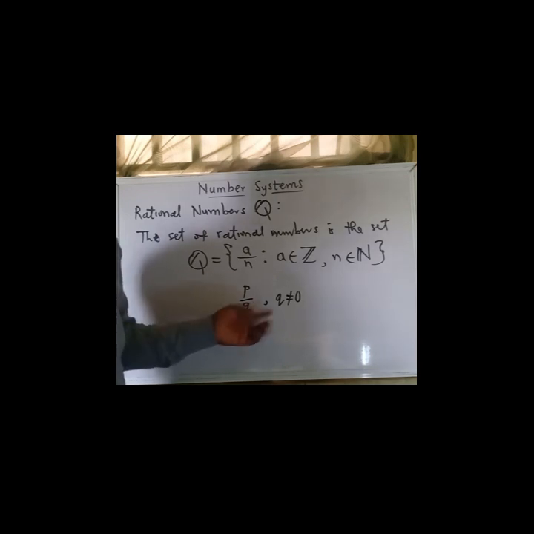If the denominator is positive, that is quite okay because it conforms with what we have here. But if it is negative, you will see that this sign will be affecting that of the numerator.